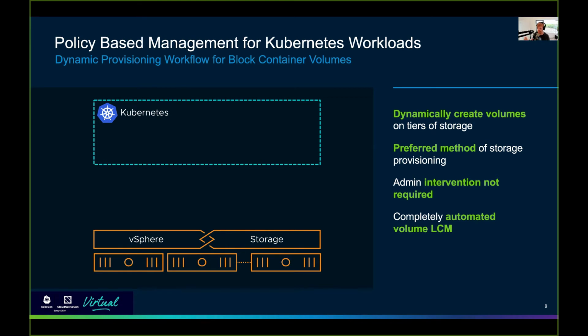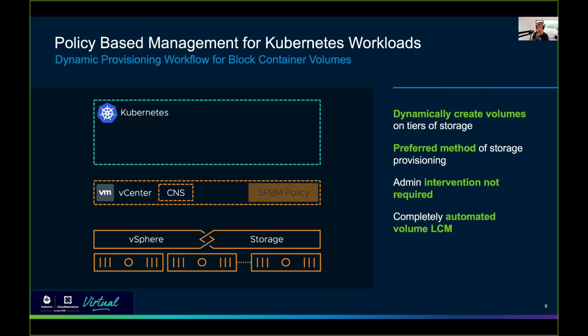So if we take a little look here just to do a brief sort of 101 of how this actually works, everything you see in orange here is vSphere, everything in blue is Kubernetes. So you've got your vCenter installed on your vSphere infrastructure, and CNS is just a daemon that runs inside vCenter. So when you install that, it's just automatically there. So the first thing you do is you create your SPBM policy in vSphere. And if you're not familiar with vSphere or SPBM policies, it's essentially just a storage class.